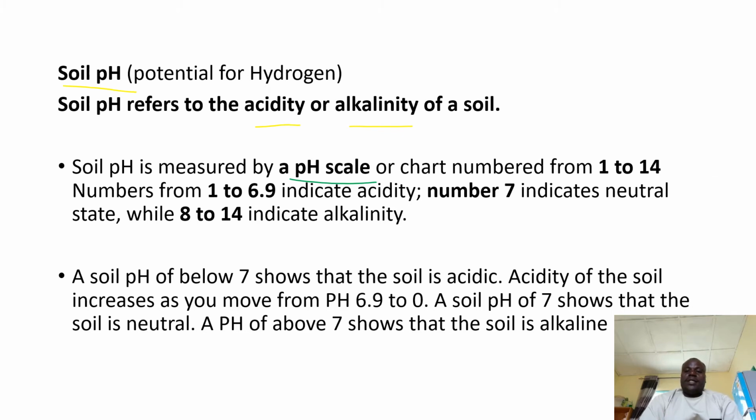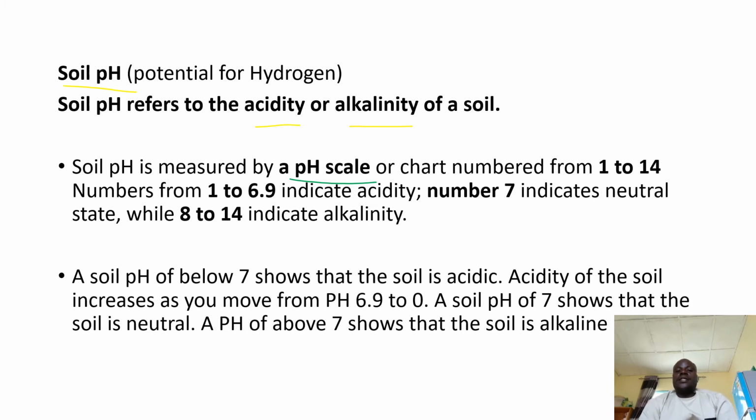It has numbers from 0 to 14. If you carry out your experiment in a laboratory testing for soil pH, and your results are between 0 and 6, you will know that this soil is acidic.